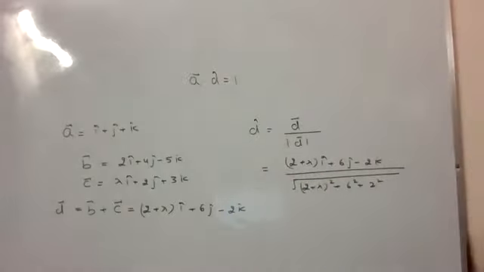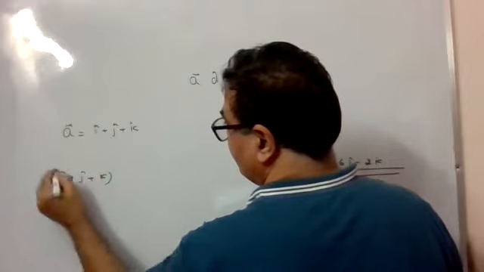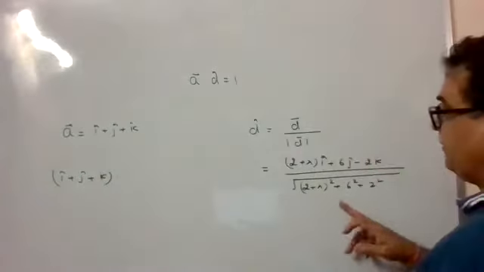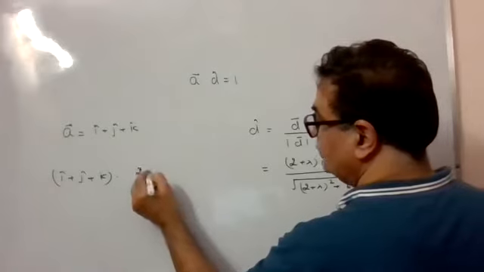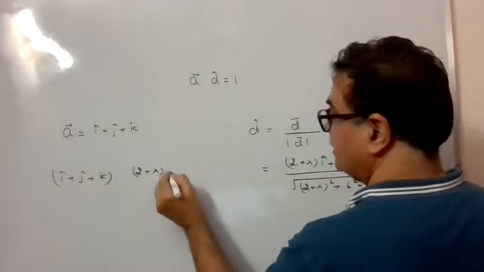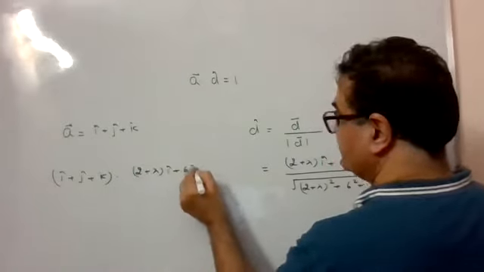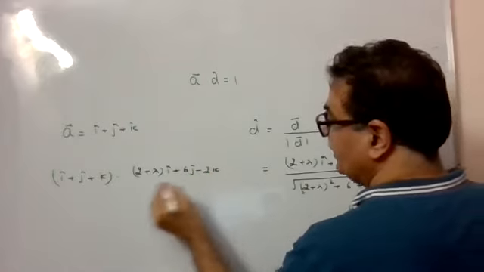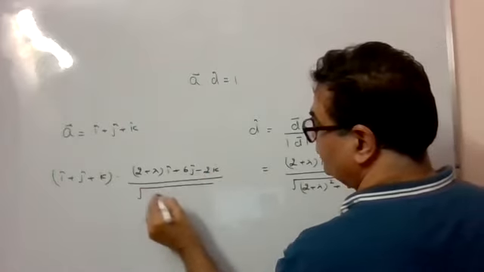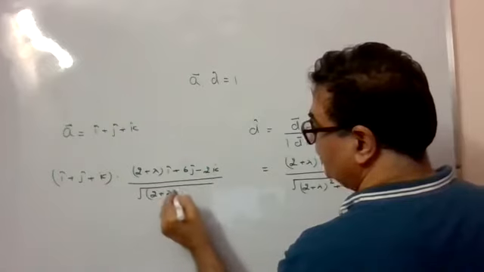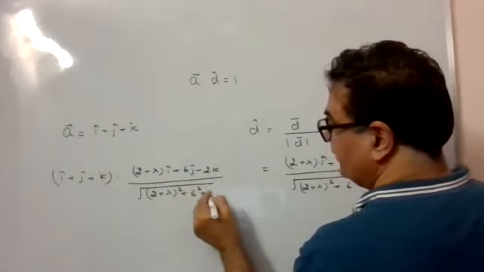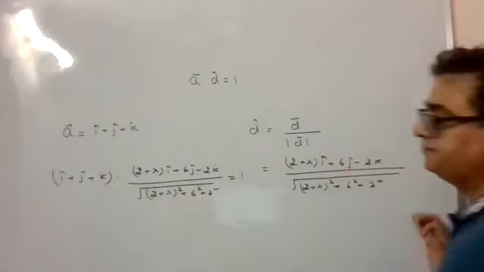So now A dot d cap we go. A vector is i plus j plus k dot d cap, which is (2 plus lambda) i cap plus 6j cap minus 2k cap by under root of (2 plus lambda) whole square plus 6 square plus 2 square, is coming 1.